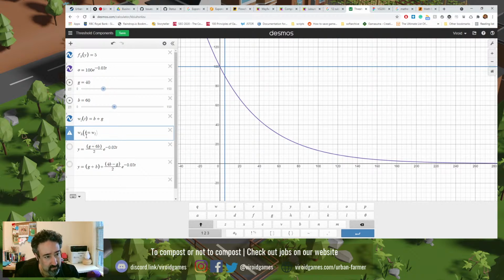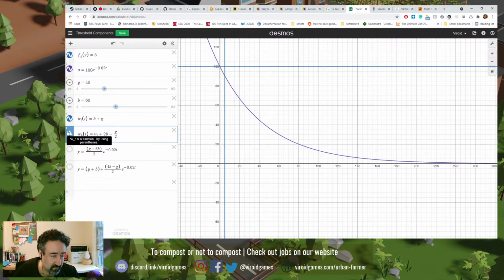Okay, still going to be T, and it's going to be at least this. Okay, plus 2b minus g over 2. Let's simplify. Is a function, try using parentheses.